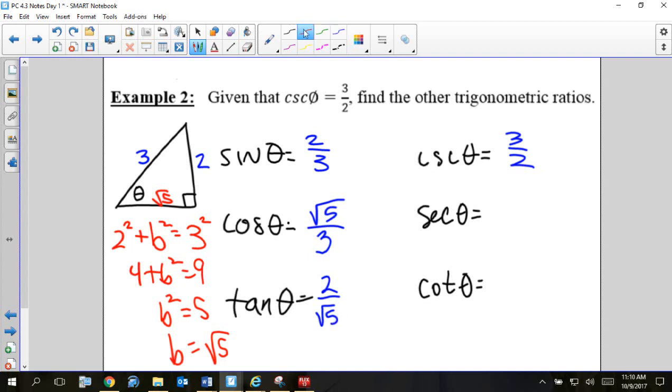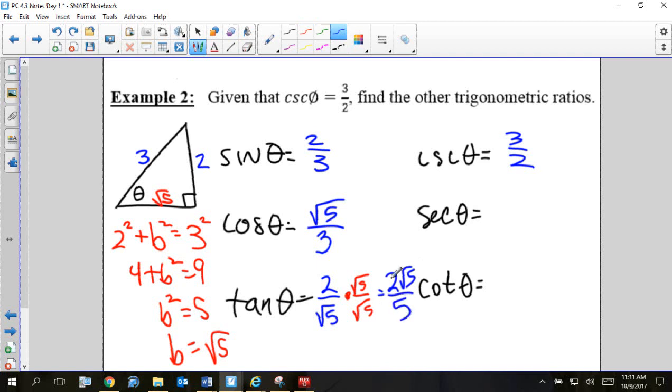I put a radical in the denominator. I can't have that. I'm going to rationalize it. You remember how to rationalize? We're going to multiply by square root of 5 over square root of 5. That's a value of 1. So it doesn't affect the value, just affects the appearance. So we get 2 radical 5 over 5.